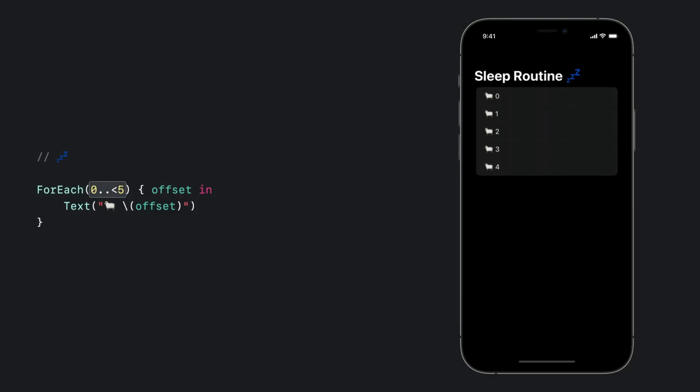Let's now take a look at all the different ways you can initialize a ForEach. This will help us build a better intuition around this type. The simplest form of ForEach is one that takes a constant range. This is a very convenient initializer, especially when you're getting started prototyping some new UI.